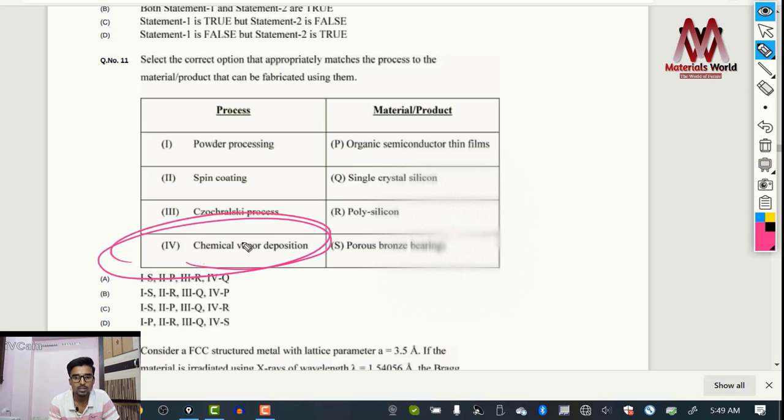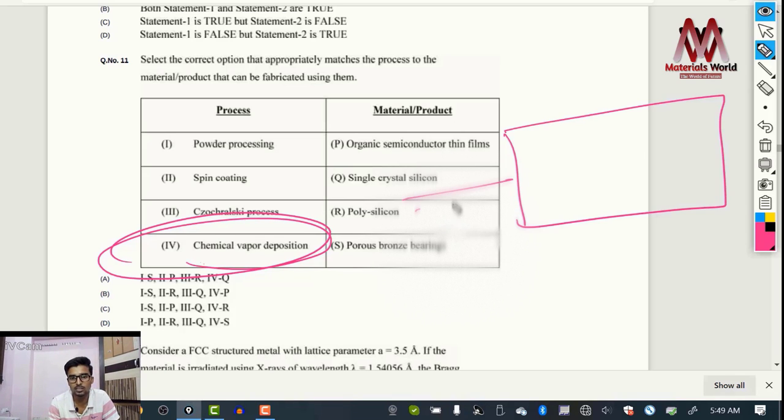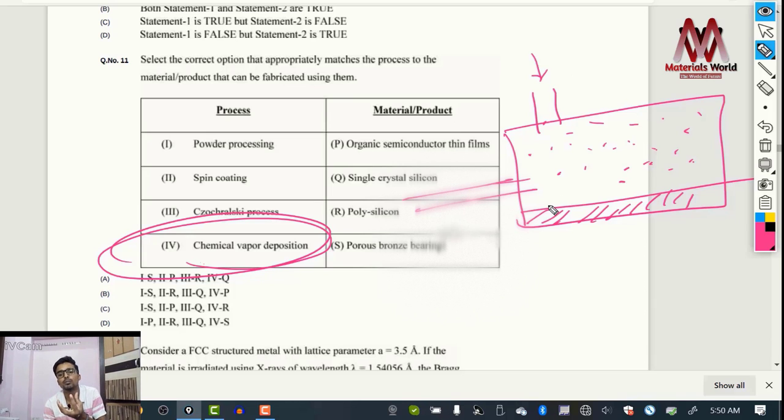So what about CVD? In CVD we take one gas chamber, there will be one substrate, and there will be some carrier gases, and we put the precursor, meaning the raw material which we want to deposit here. Suppose we want to deposit polysilicon, so we use its vapor form.